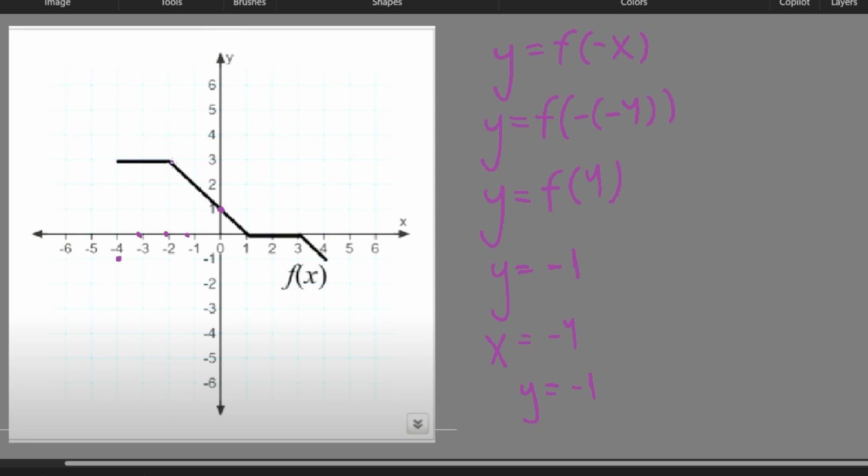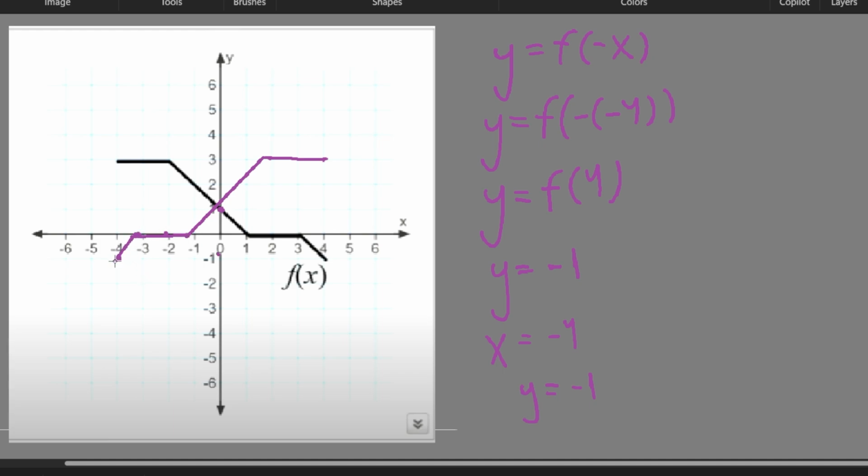And then here, the x value is -2. Times that by -1, you get 2. And then here, -4 times -1 is 4. So this will be your transformed graph.